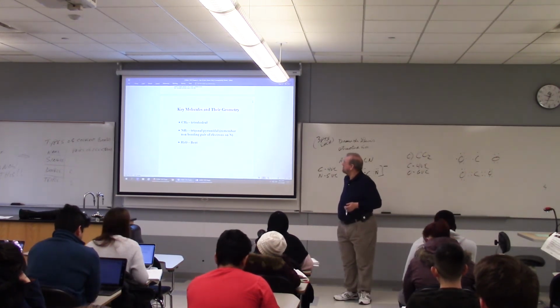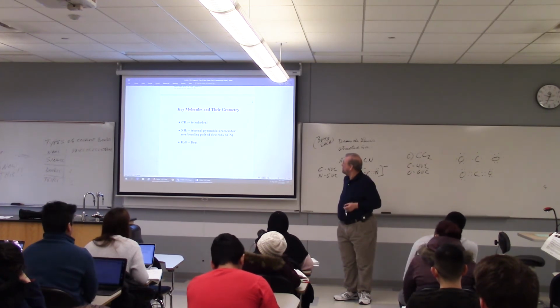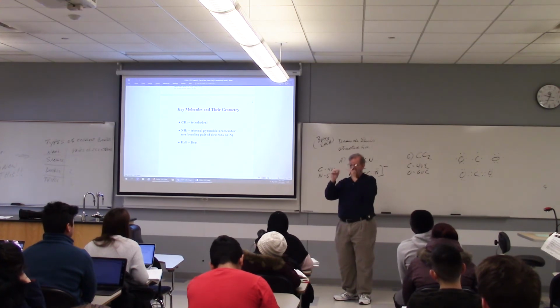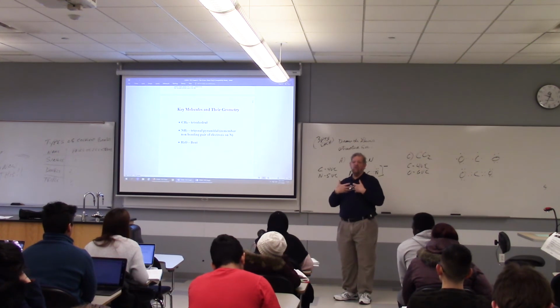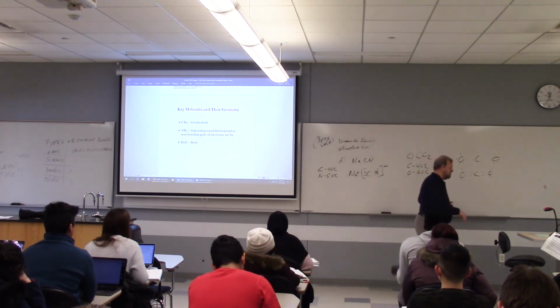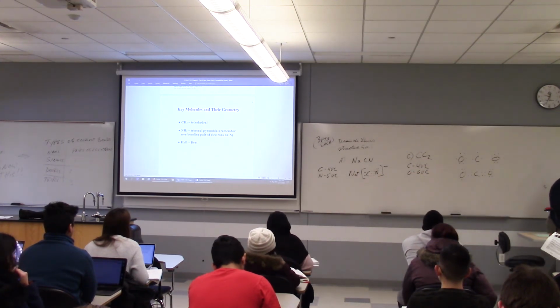Methane is tetrahedral, ammonia is trigonal pyramidal, and water is not straight across, it's bent like this. And that has significant implications on how those molecules react with other molecules, like in your body. We won't go into that in this class. And let's just do something real quick.